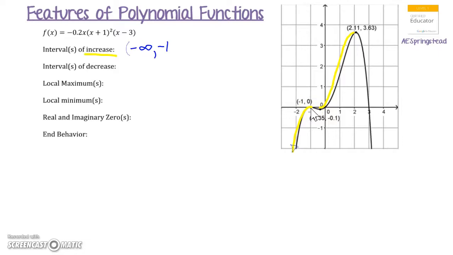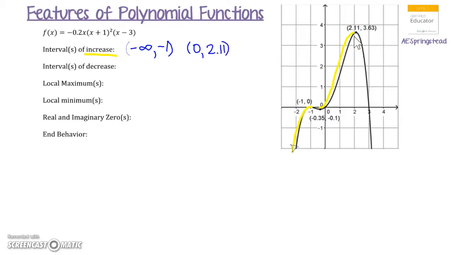And typically when we're working with intervals of increase and decrease, we use the parentheses as our interval notation instead of the square bracket because really it's not increasing or decreasing right at the point -1, 0. Now for the second interval where it's increasing, from an x-coordinate of 0 all the way up to an x-coordinate where it stops right here at 2.11.